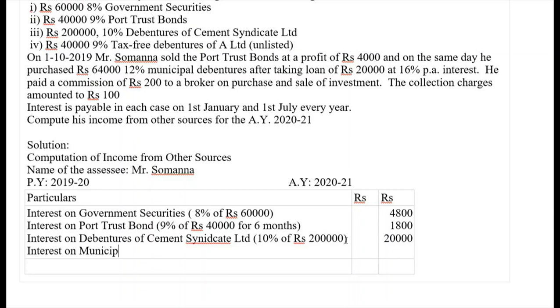Then we have got interest on municipal debentures, which is given as 12% of rupees 64,000 for 6 months.